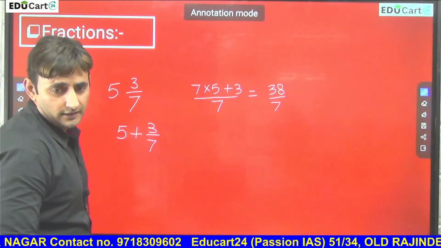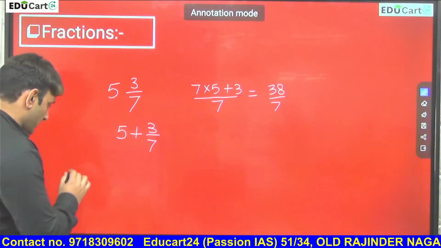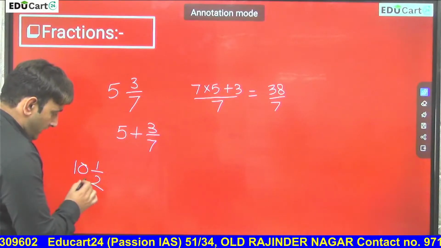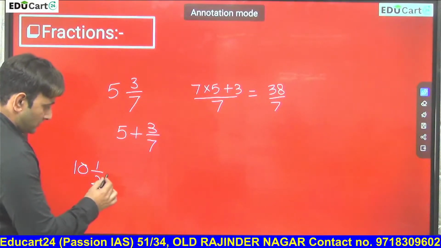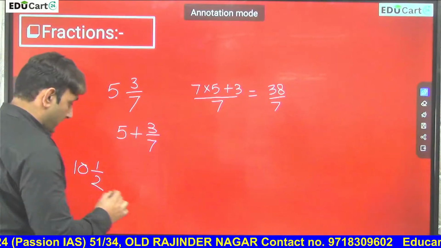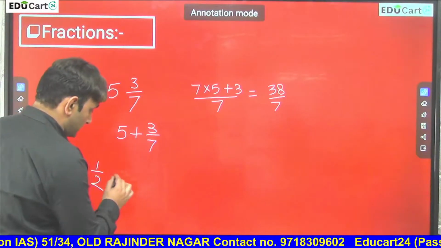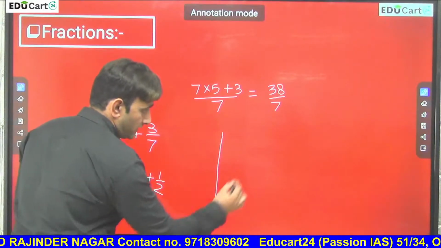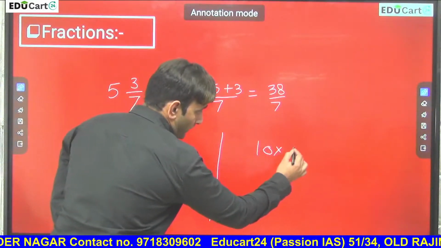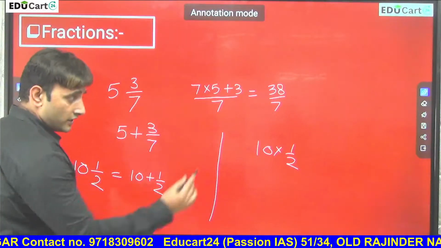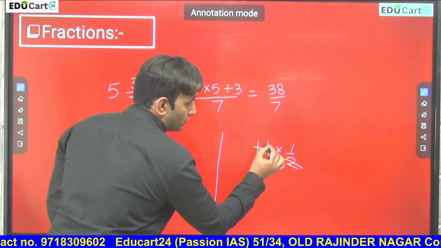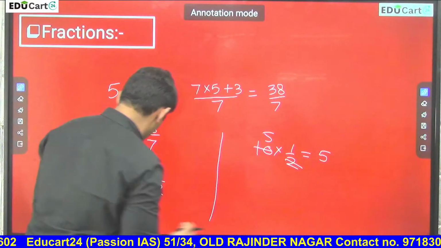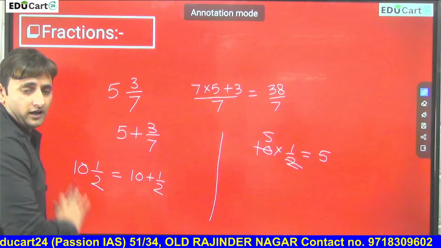Some of the students feel like cancelling in 10 1/2. Can I cancel out this by 2? No, my dear. 10 1/2 is basically 10 plus 1/2, and 10 into 1/2 is different. Here you can cancel out by 2. 2 5s are 10, so this value is 5 and this value is 10 and a half, 10.5.